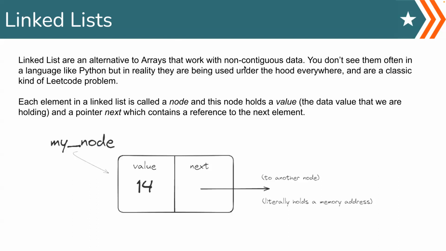So linked lists are meant to work with non-contiguous data, sort of like you were saying, Frank. Because if we have, let's say, an image file, which is big, right? Like a JPEG, that could take up a lot of memory. We probably can't fit that in one array.